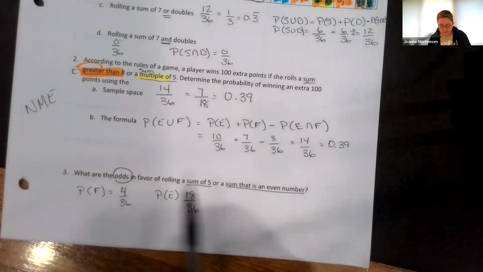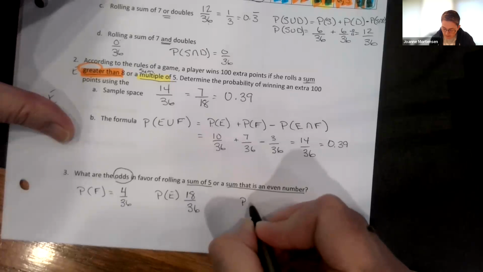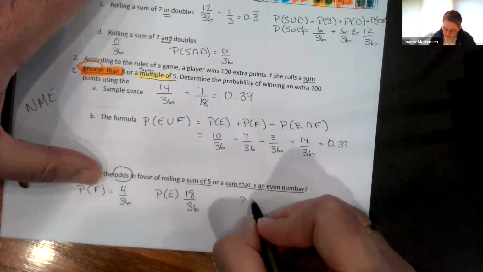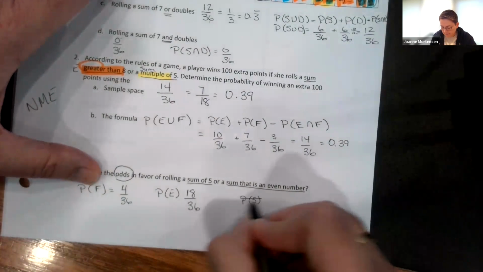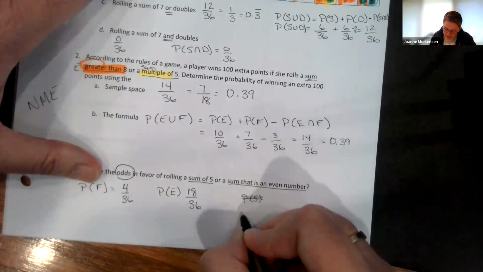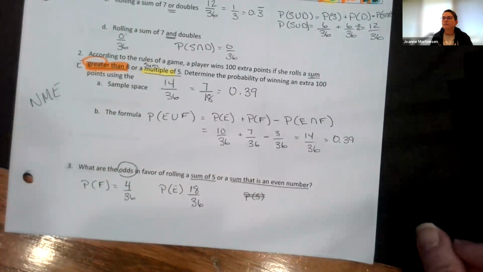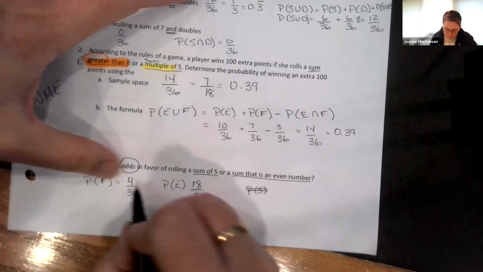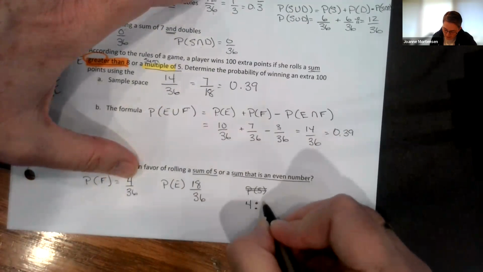Now we want odds in favor. So that means it's the probability of what I want. So the probability of 5, make it easier. So basically it's 4 to 18.